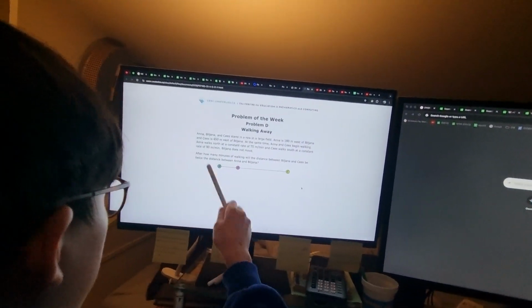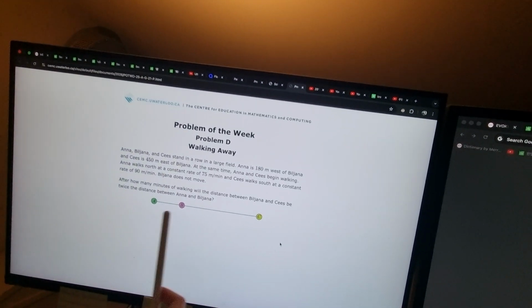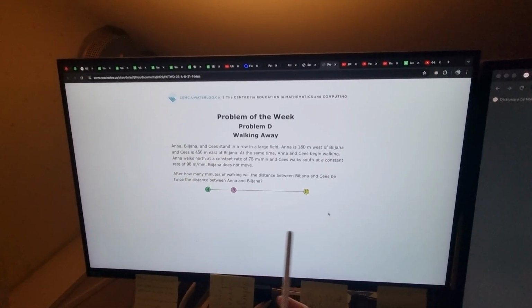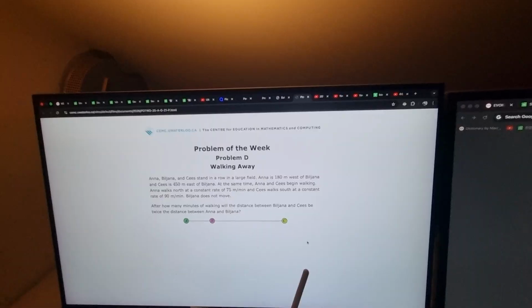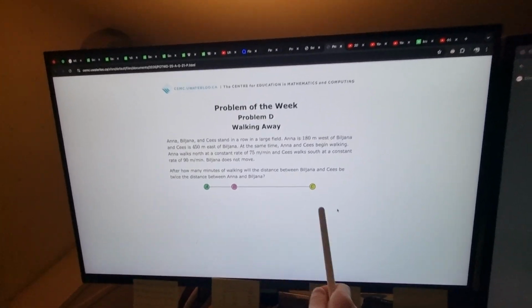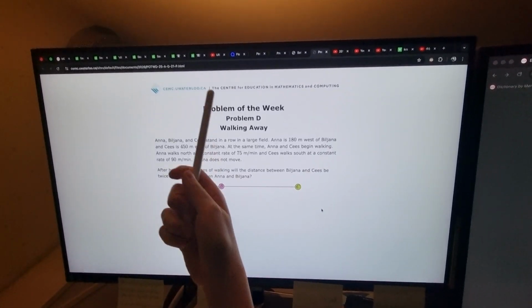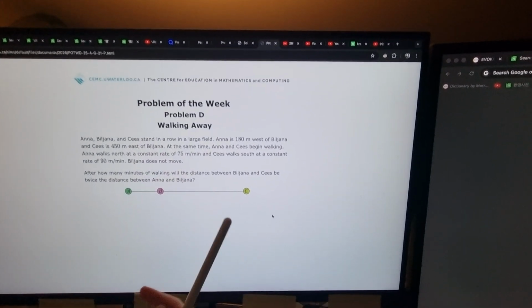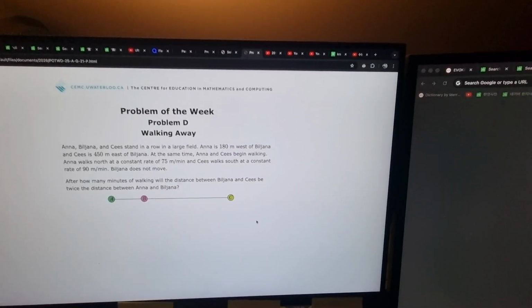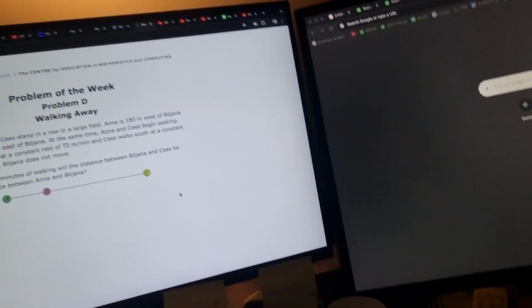So A is 180 meters west of B, and C is 450 meters east of B. At the same time, A and C begin walking, but A walks north, which is up. Well, it doesn't really matter if it's up or down, it's just different directions. So because north is always up and south is always down, let's just keep it the original way.